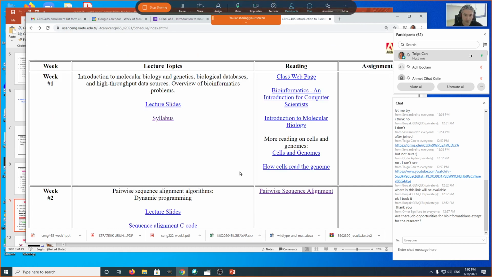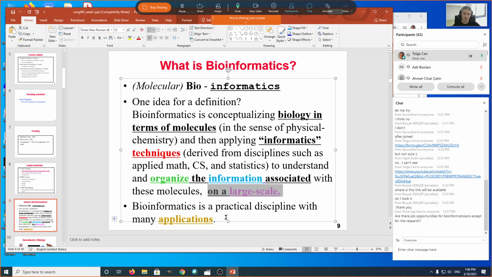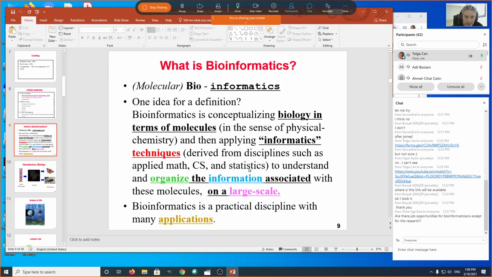All right, so it's a practical discipline with many applications. The problem domain is molecular biology and genetics, and the problems come from there. This is challenging because sometimes the problems can be solved by very simple computer science techniques, but sometimes you need to develop algorithms that may also contribute to computer science.